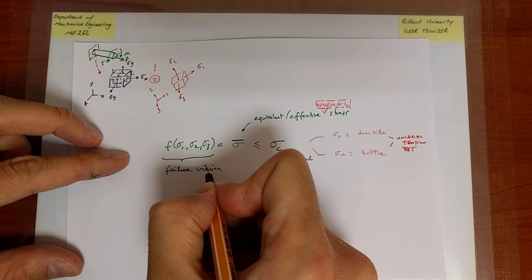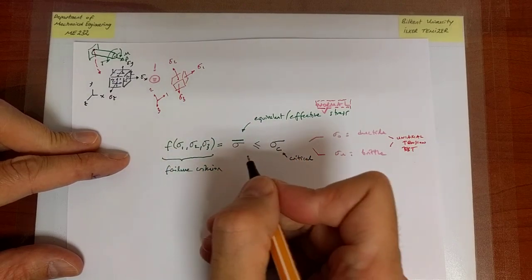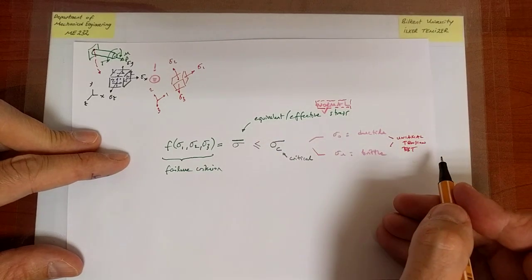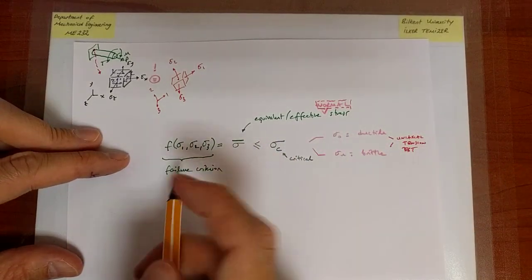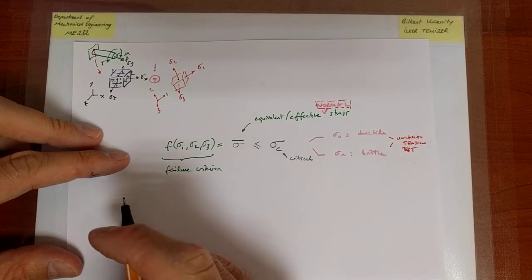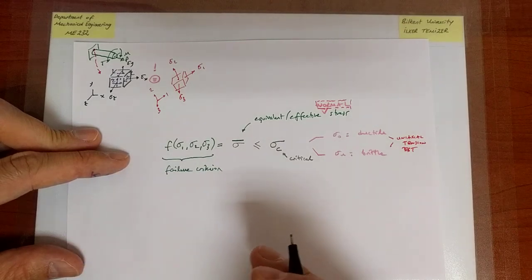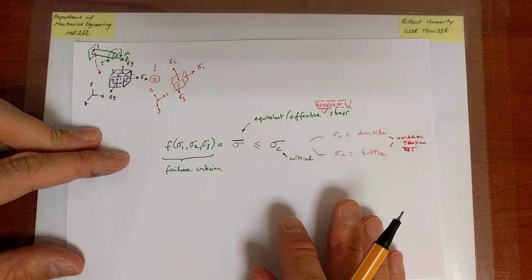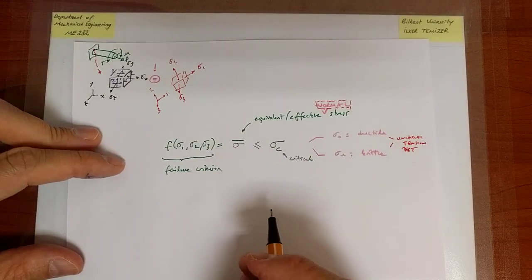And that criterion depends on the material. Aluminum will have a different criterion, or glass will have a different criterion, for instance. Primarily the criterion will depend, you'll see, not specifically on whether it is aluminum, steel, or glass, but rather on whether it's ductile or brittle.